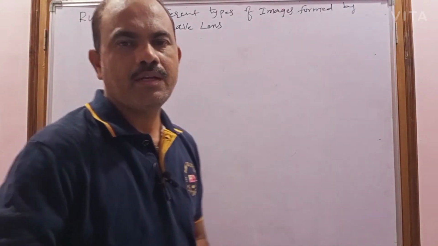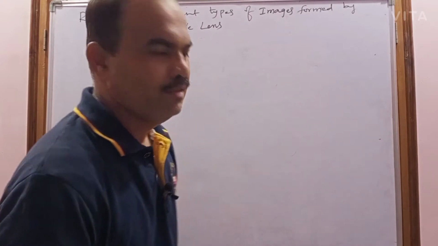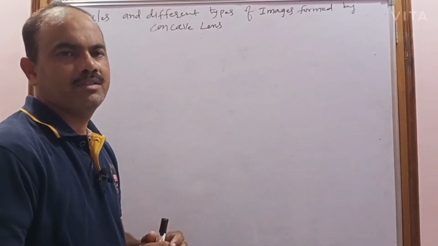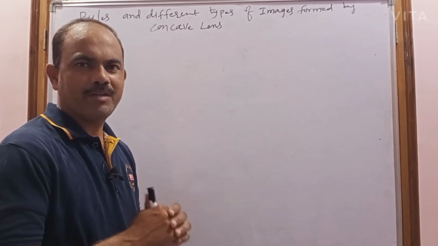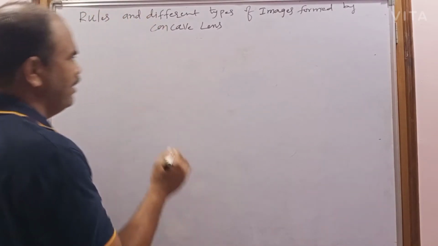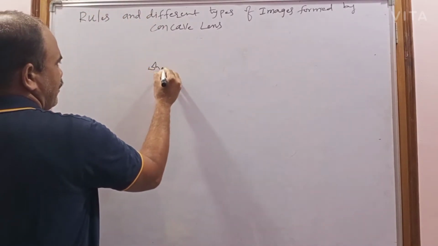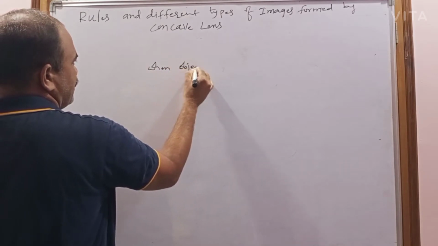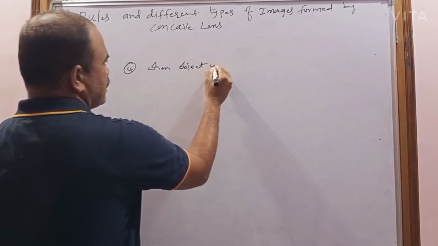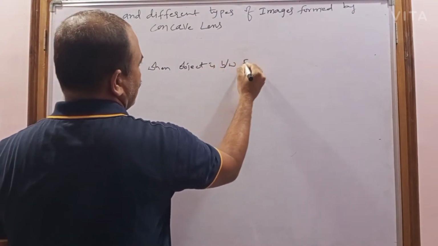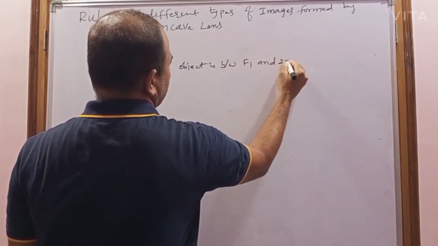Hello children and viewers. In the previous class, on the different types of image formed by the convex lens, I made a mistake. This is the fourth case, when the object is between f1 and 2f1.